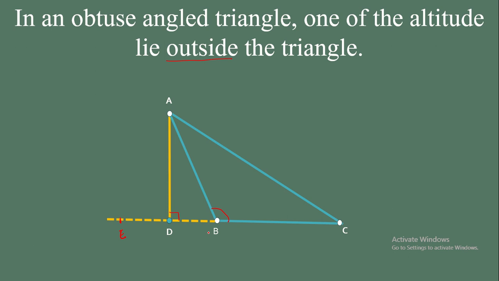So we saw that the altitude lies inside the triangle in the case of acute angled triangles, and in this case we saw that the altitude can lie outside the triangle as well.